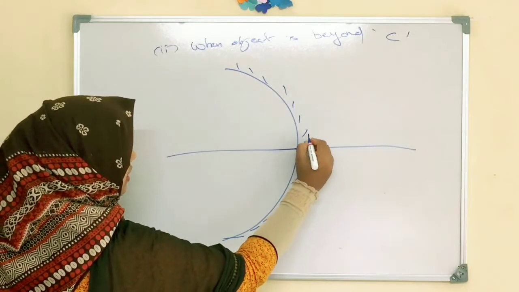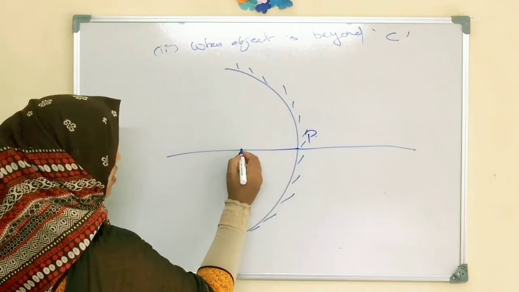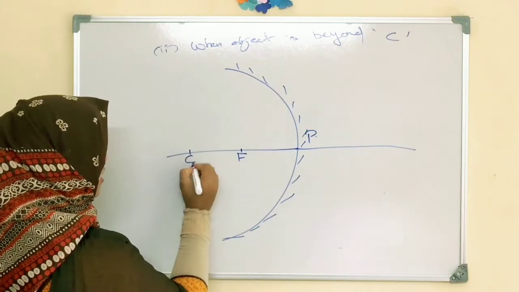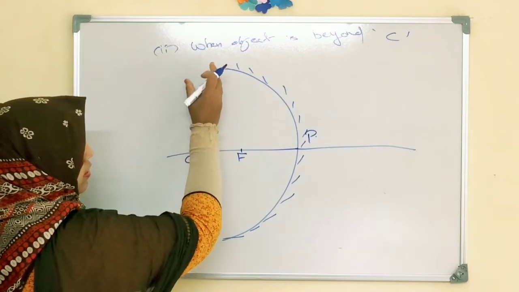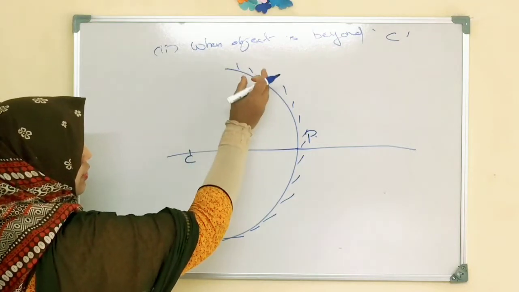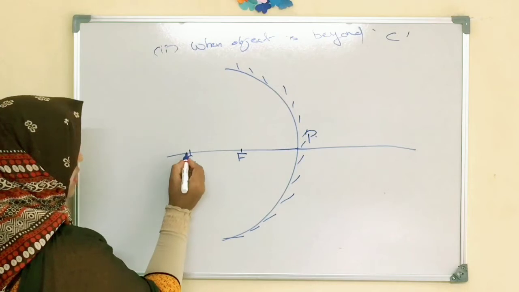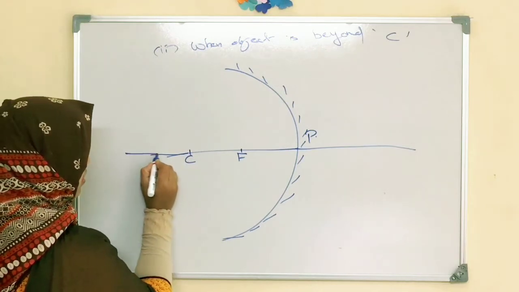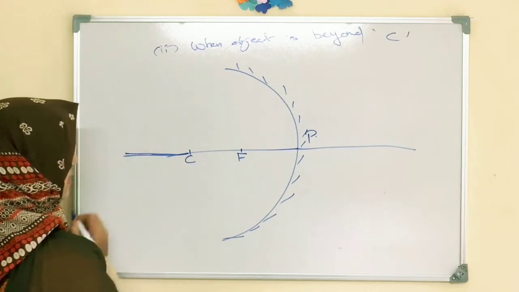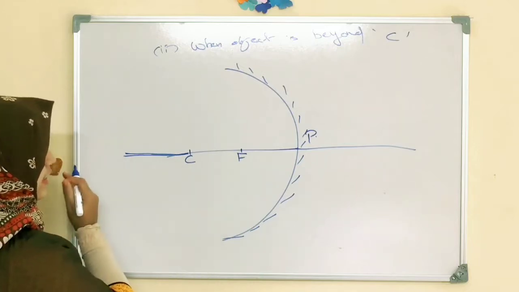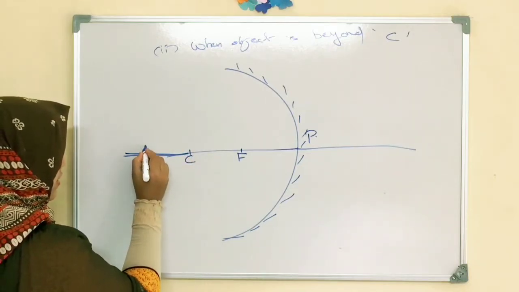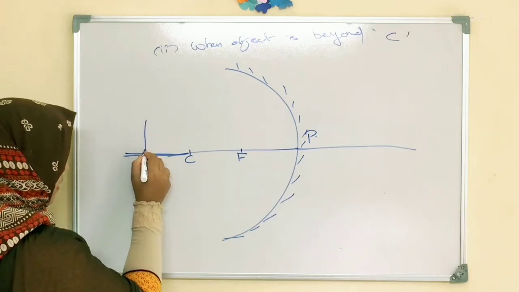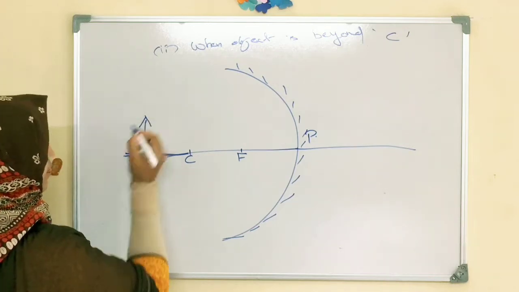Next I am marking the points pole, focus and center of curvature. Here the case is position of the object is beyond C. So now I am extending the principal axis. Object is beyond C, so the object is kept here.